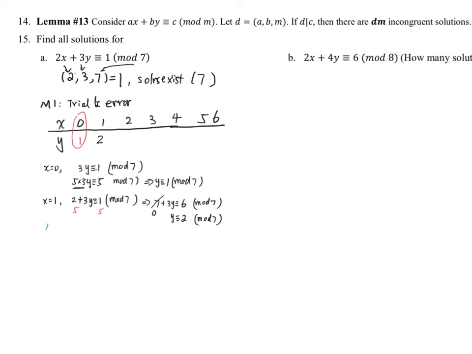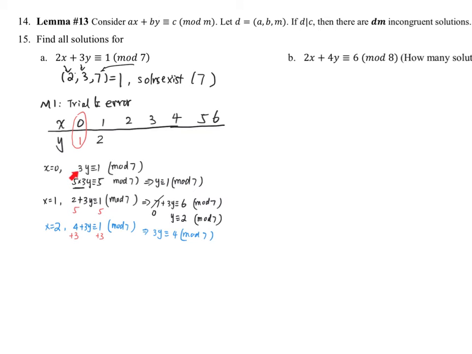When x is equal to 2, let's plug in 2 here. 2 times 2 is 4. We have 4 plus 3y congruent to 1 mod 7. A similar trick can be used. I can add 3 to both sides so that this becomes 0, and here this is 4. I have 3y congruent to 4 mod 7.